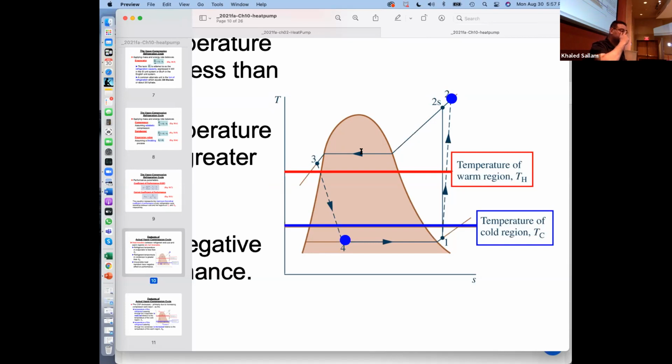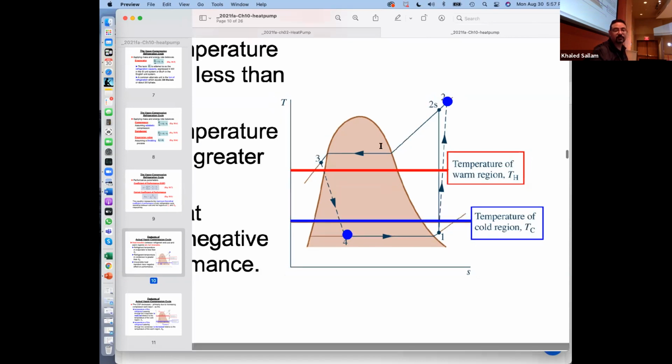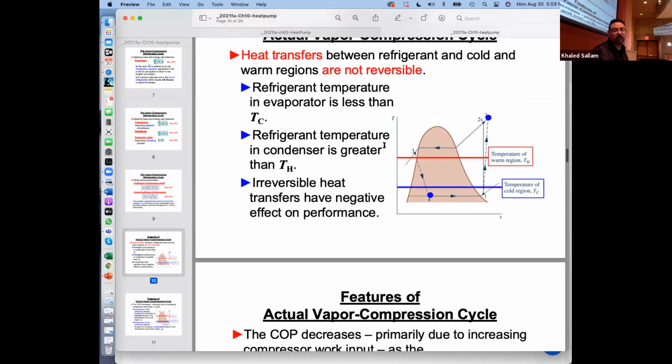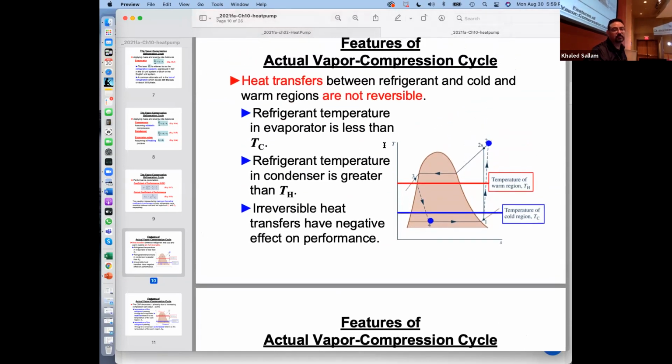Yes. Just to clarify, the purpose of calculating the beta value. You mean the ideal beta too, right? That's an excellent question. If I'm comparing my cycle to an ideal cycle, should I assume the T_H is here or should I assume the T_H is there? I would say I assume the T_H is ambient.